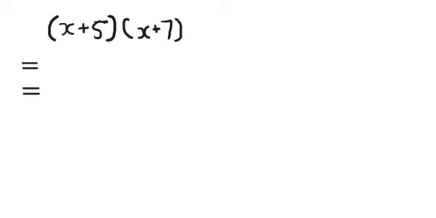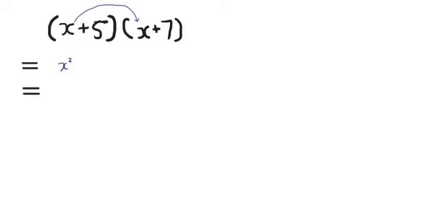So the first question, we have (x + 5) times (x + 7). Firstly, we do this x times this x. That should give you x squared, because x and x are the same.